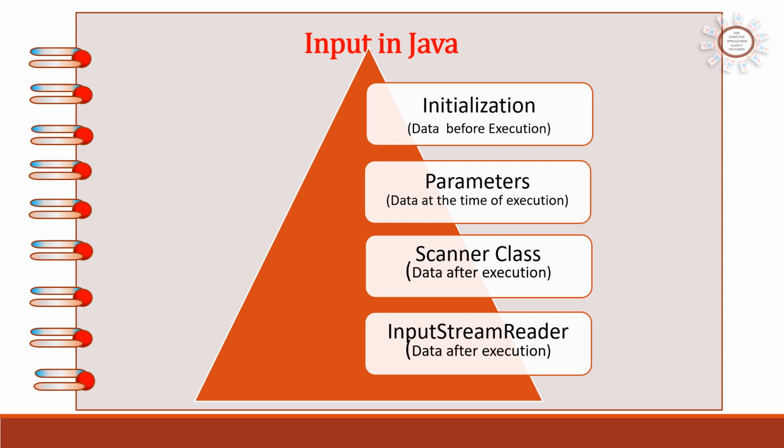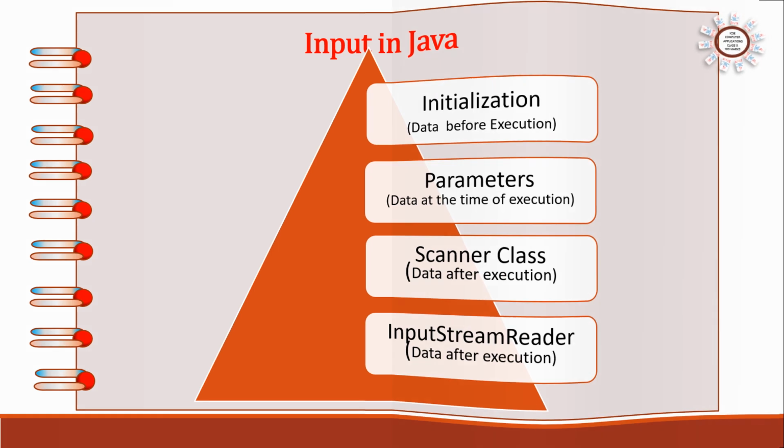We will compile the program, and after that when we run the program, data will be used. So like this the data can be given. Initialization before execution, and parameters or function while compiling the data will be asked, and scanner and input stream after compilation data will be given.